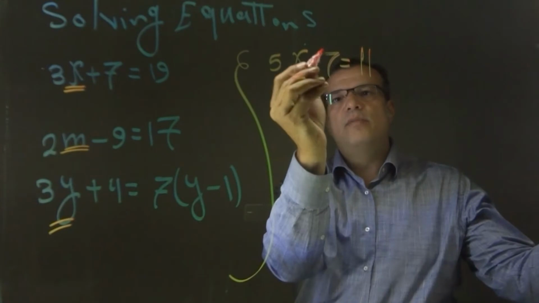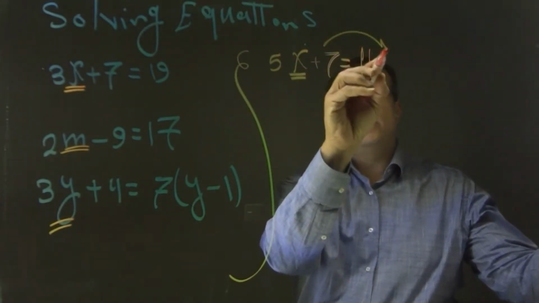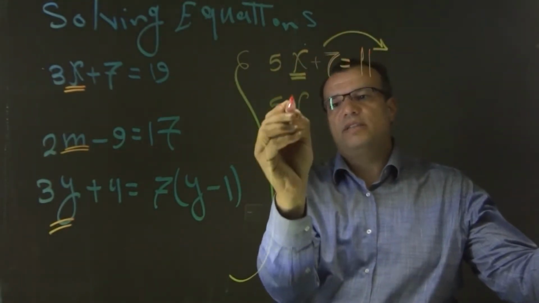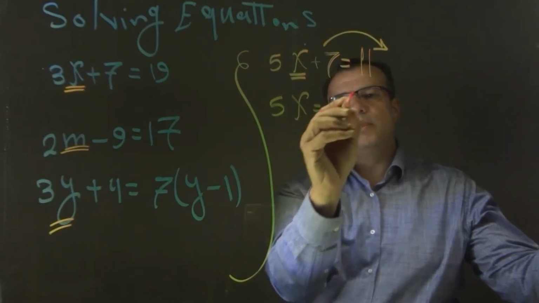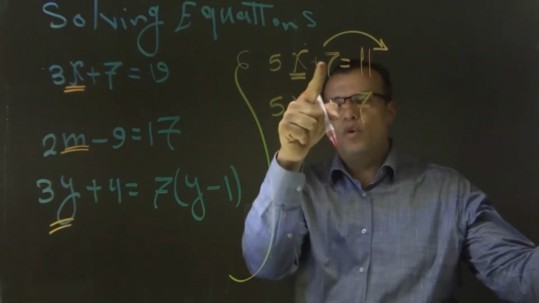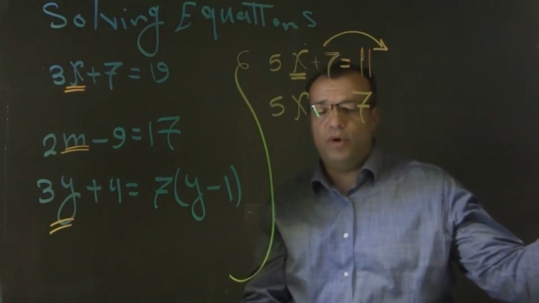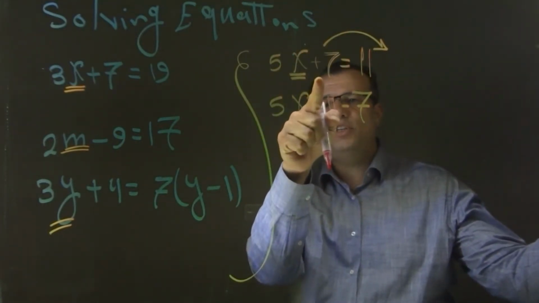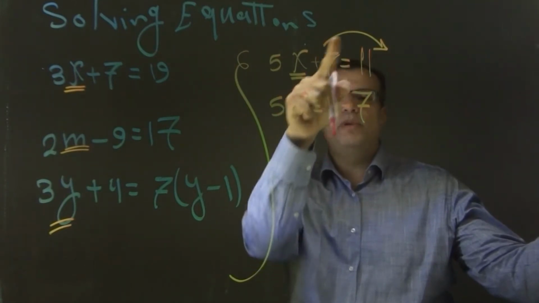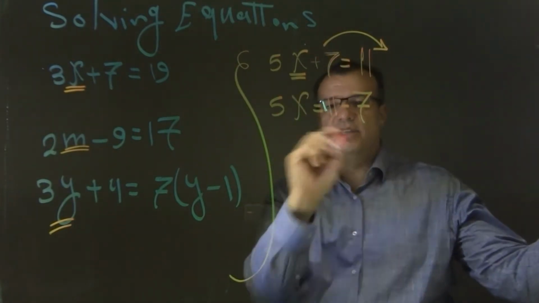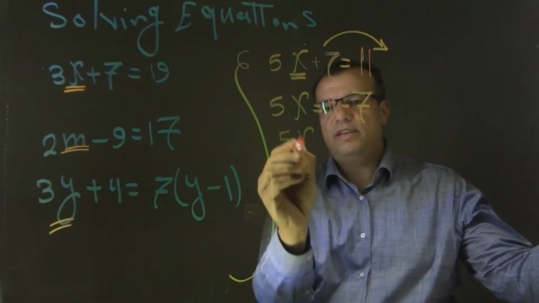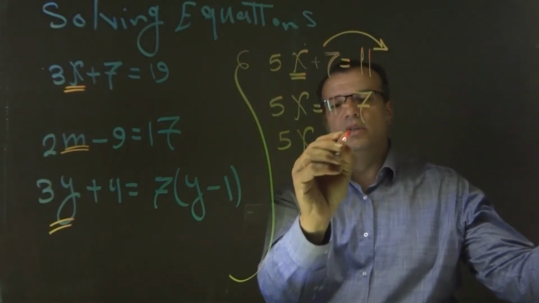For example, move this 7 to the other side, and it becomes 5x = 11 - 7. Take care: when you move adding or subtracting to the other side, inverse the operation. The operation here is plus, so it should be moved to the other side as subtract. So it's 5x = 4.